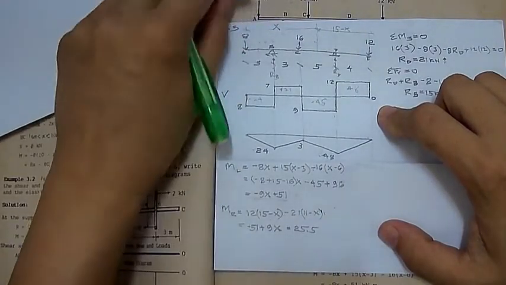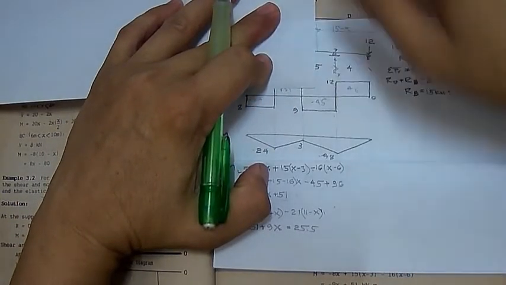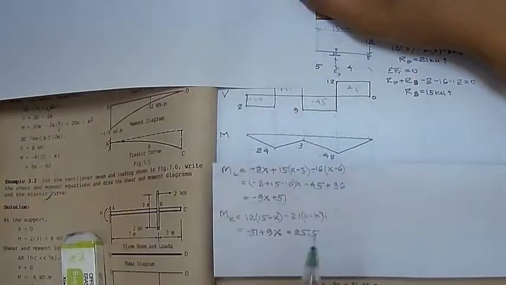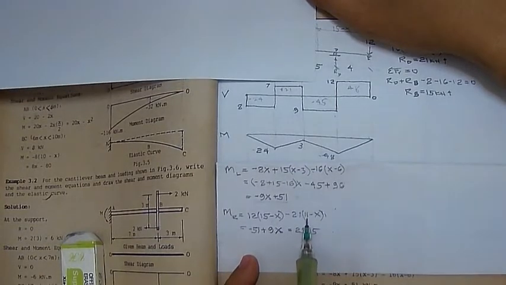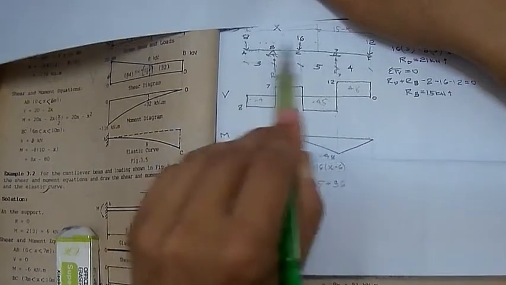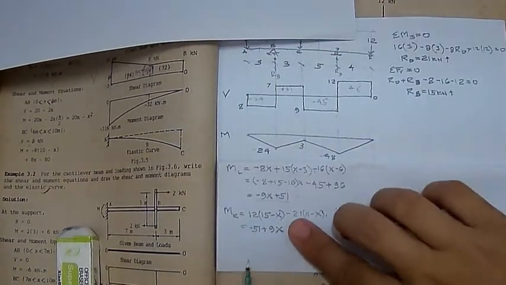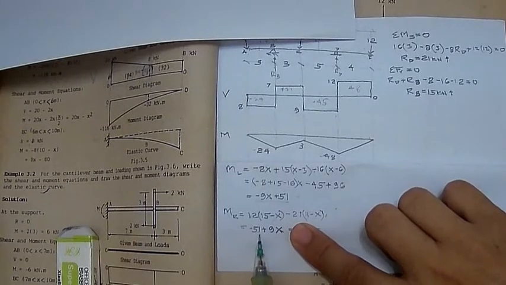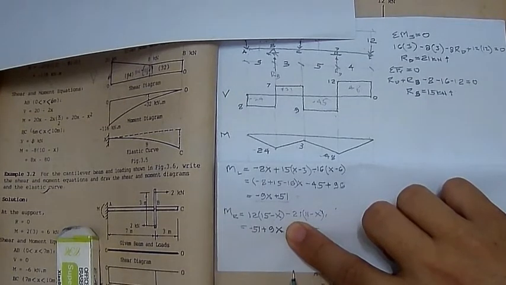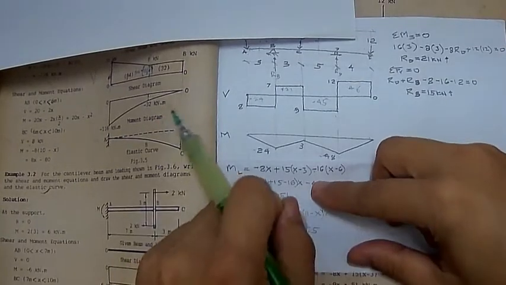Okay? Minus 21, yung reaction. Its lever arm is 11 minus x. From A to D is 11 minus x. Yan yung lever arm niya. And its equation is negative 51 plus 9x. Yan yung equation ng moment due to right. Okay?